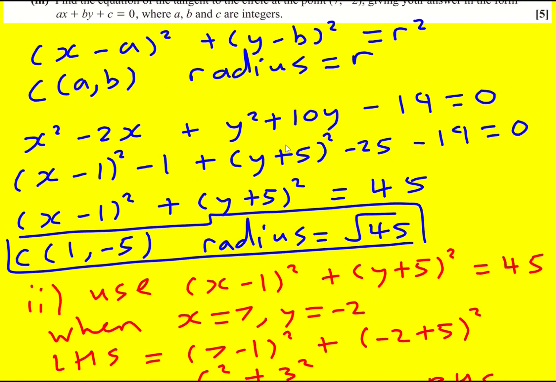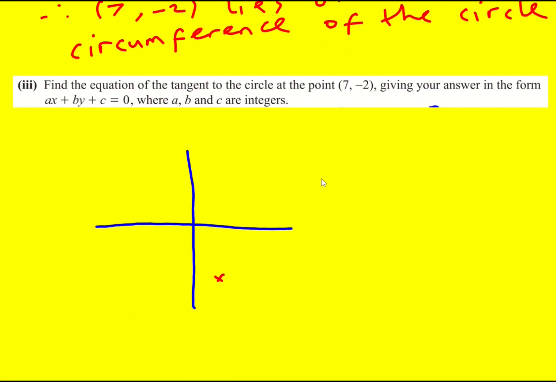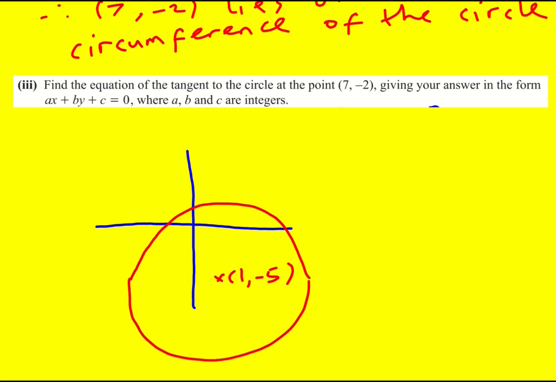I'm just going to try and draw my sketch reasonably accurately. So (1, −5). Okay, but I think I'm going to basically get my circle going through all the axes. If it's wrong, it's not going to matter too much. Okay, I've drawn better circles, but it's quite hard to draw one in the right place, roughly, on some axes.